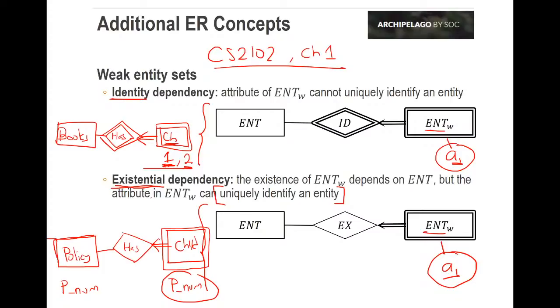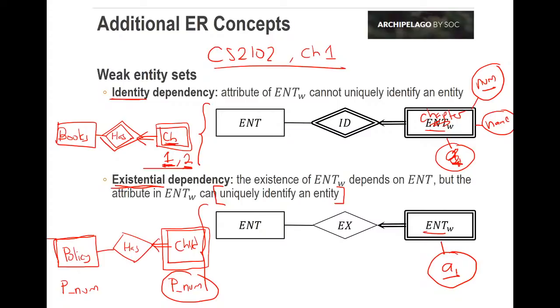But it can have its own other attributes. If this is talking about chapter, the number can be a partial key, and then you can have a chapter name. It has its own attribute.